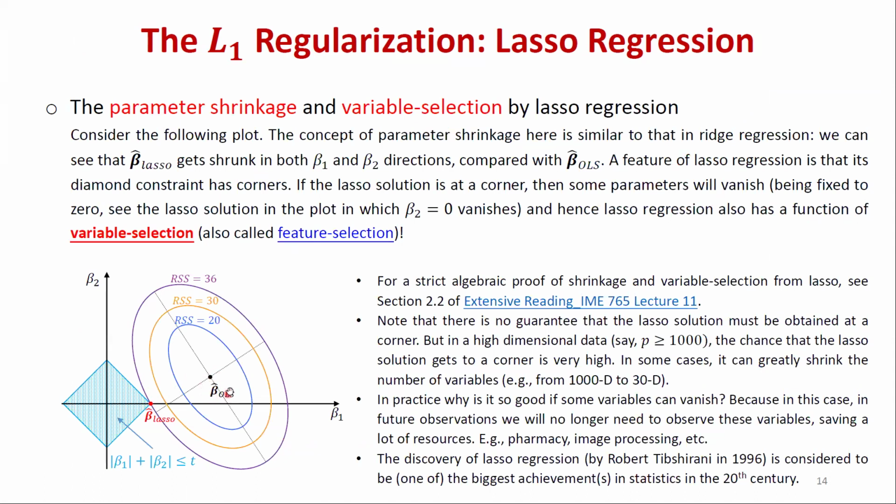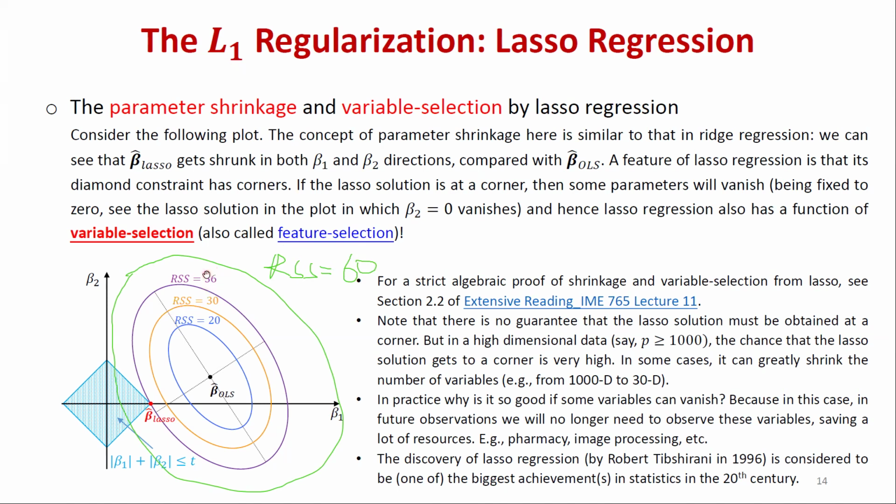Suppose this is the true OLS solution, and I plot the contour here. Similar idea. You can make it bigger and bigger. Suppose this is RSS equal to, for example, 60. You can do that, but I don't have to.